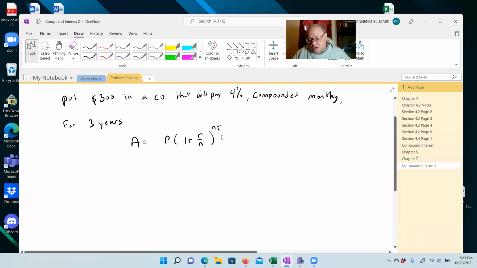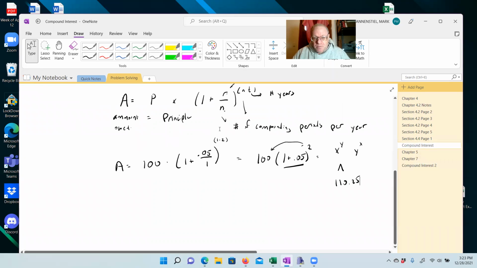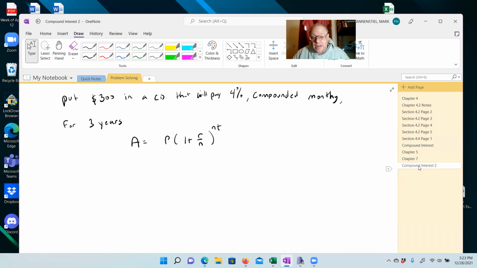So if you want to make a little note card or a little sheet of useful formulas, that really will help you study. I would encourage you to make a little sheet with useful formulas on there. And if you want to put what these letters mean next to that, that's just fine.